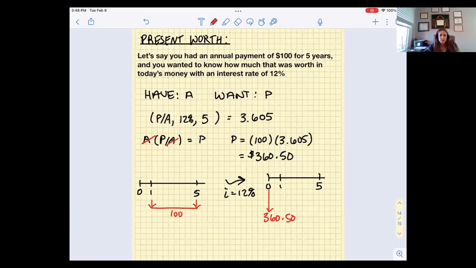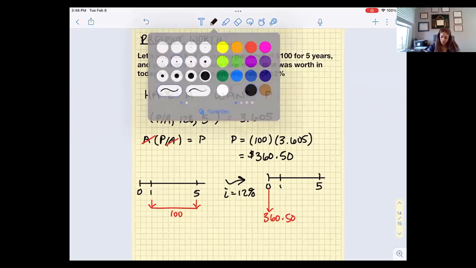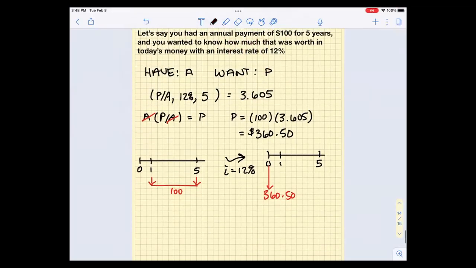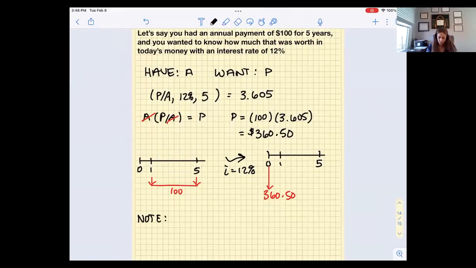What I want you to notice is that it's not 500. You might think at first that it's 100, 5 different times, so it should be 500. But because of time value of money, because of interest, when you bring it back in time, it's actually less. Putting in 360 now would be equivalent to putting in 100 each year.